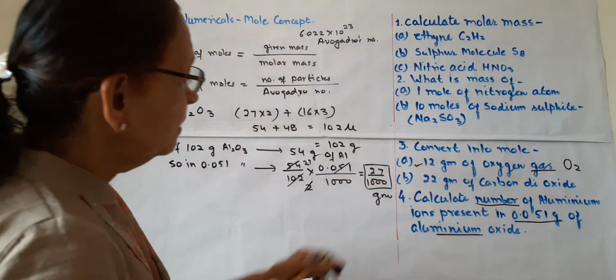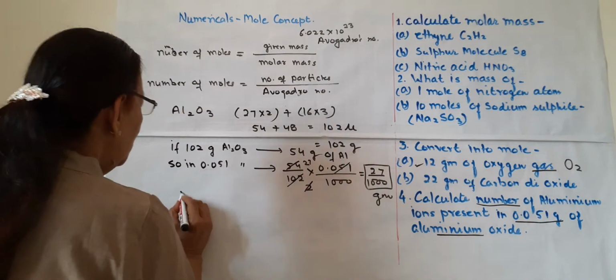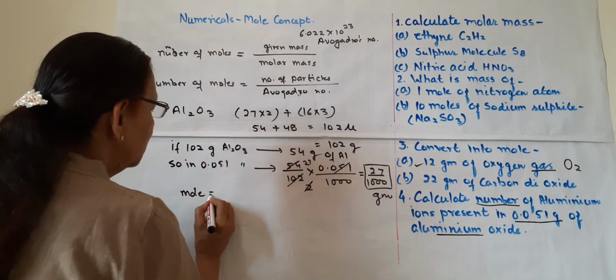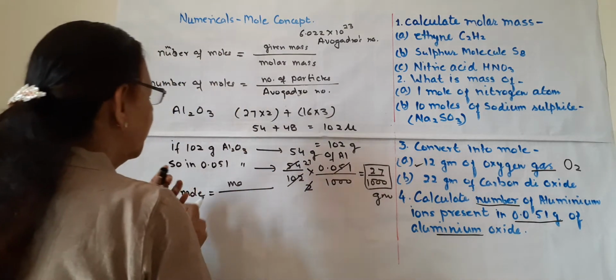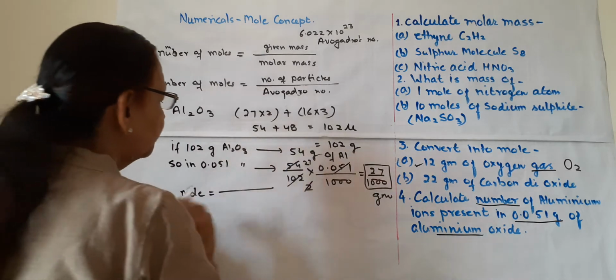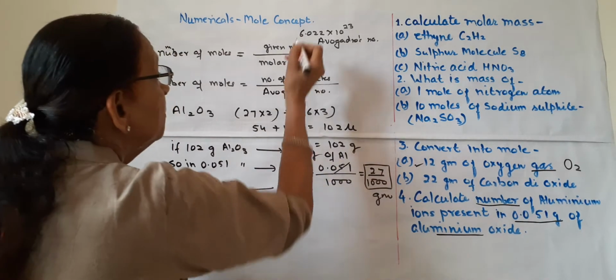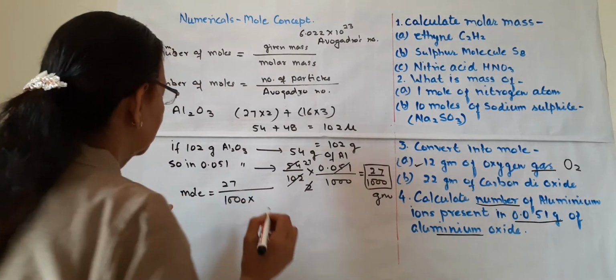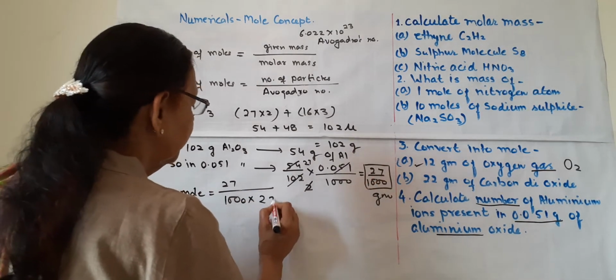Now we know the mass. Now we convert this mass into moles. How? Number of moles is equal to mass upon molar mass. So mass we have is 27 upon 1000. Molar mass of aluminium is 27.